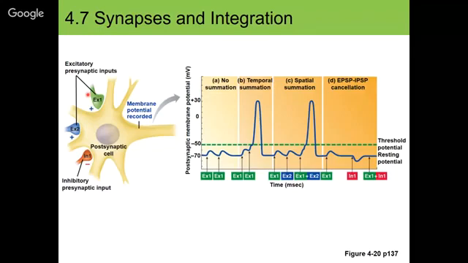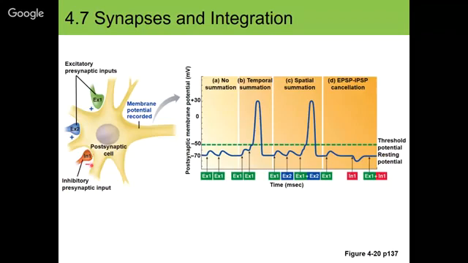Then the two cancel each other out, right? Because they are of the same overall charge but opposite, they cause opposite effects, inhibition and excitation, and that will basically result in the membrane staying at resting potential, okay?